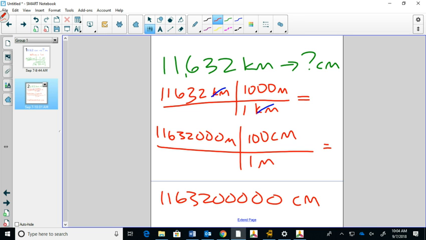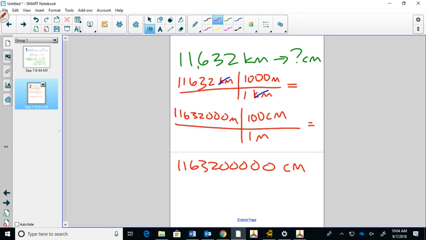Can we put this into scientific notation to make life a little easier for us? So 1.1632 times 10 to the, anyone? 1, 2, 3, 4, 5, 6, 7, 8, 9.